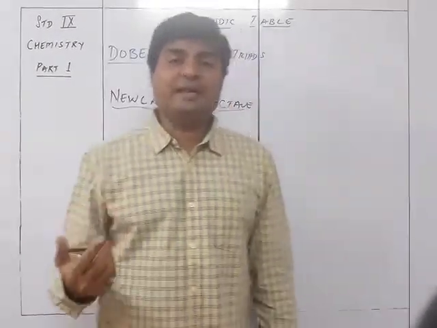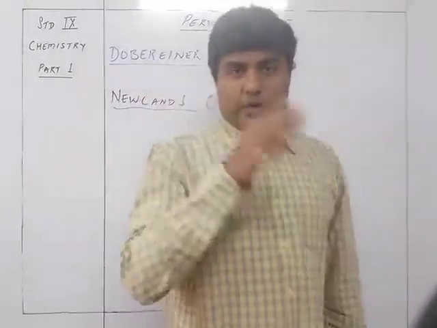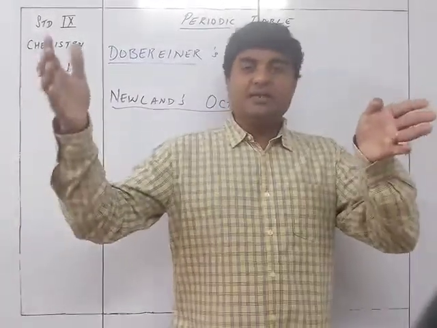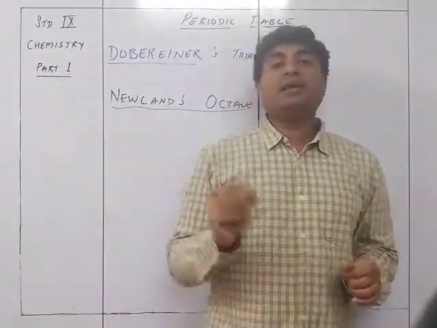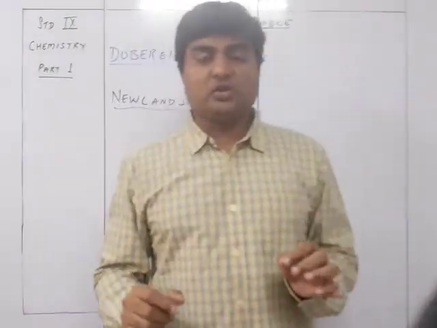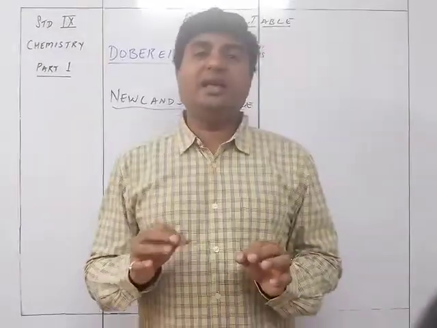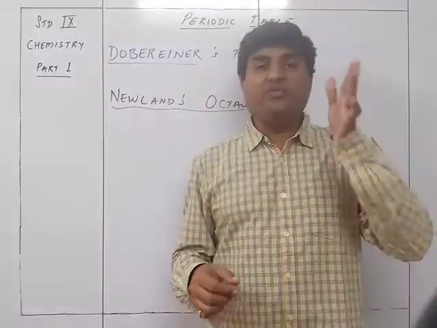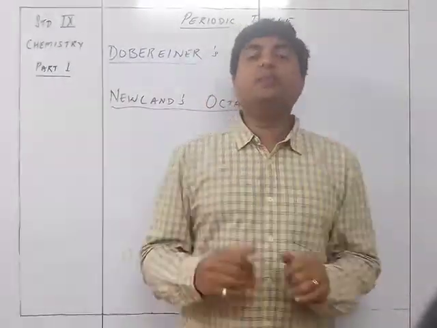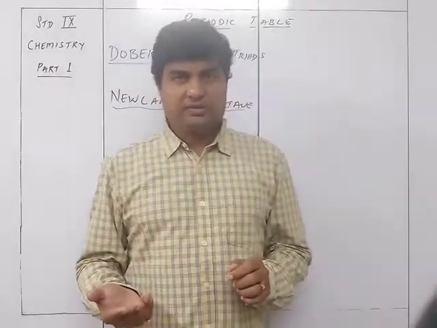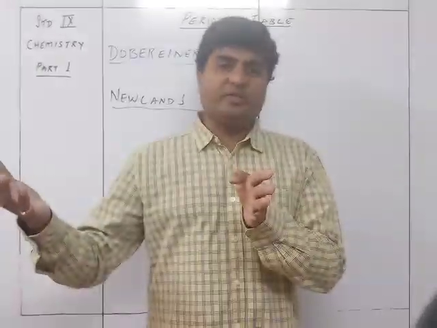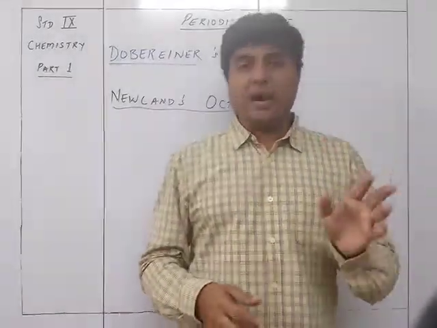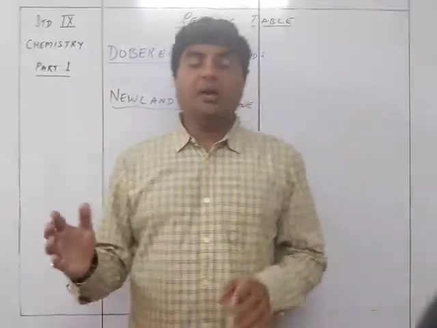Similarly, he said that in the musical notes, this sa and that sa are similar. Likewise, if we arrange the elements in increasing order of their atomic weights, then the first and the eighth will be similar to each other. Similarly, the second and the ninth will be similar, and the third and the tenth.